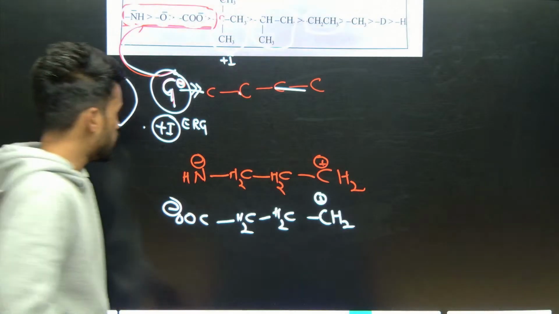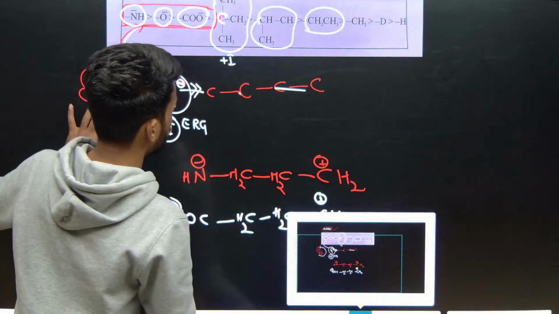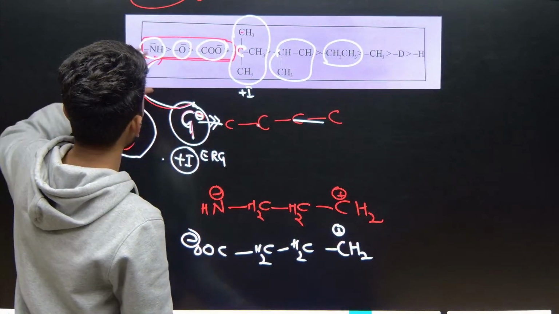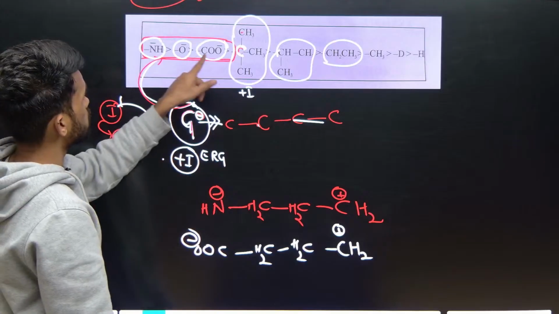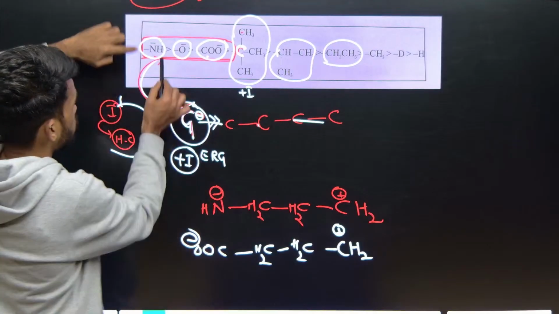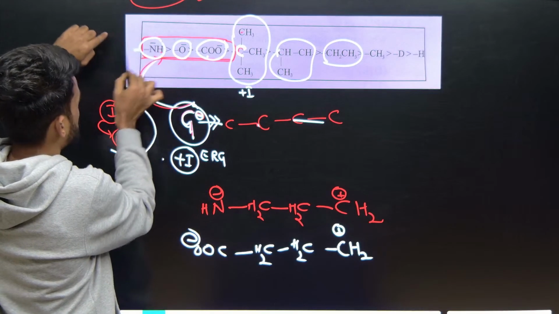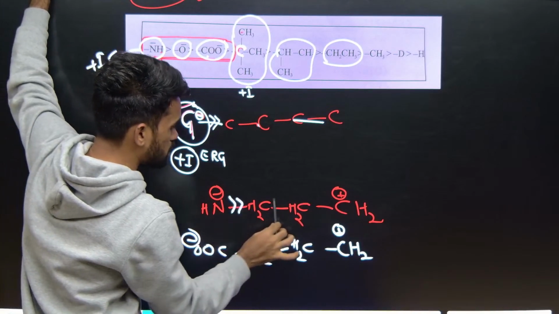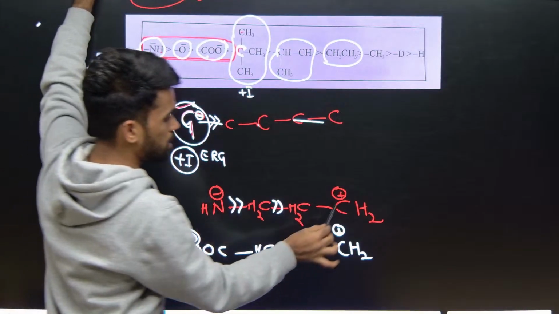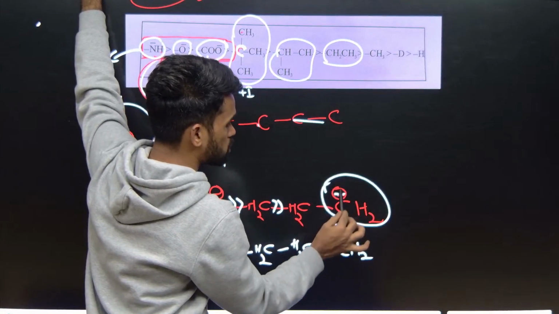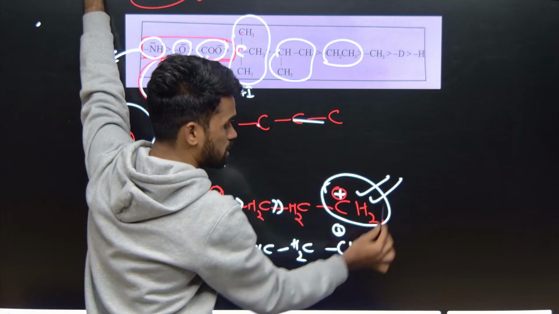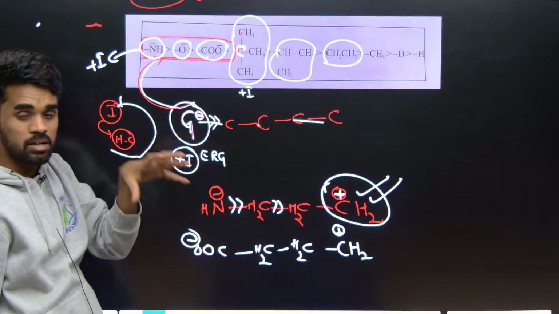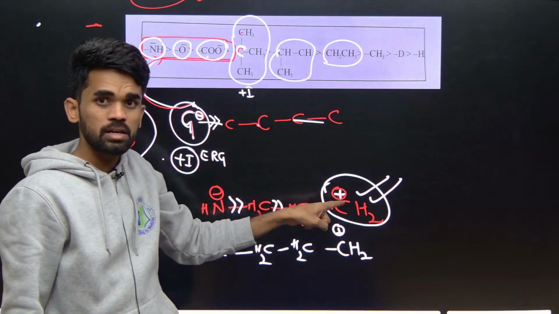Yes, see here, we know the inductive effect of NH minus is more than COO minus. If it has more plus I effect, it will release more electrons easily. Here what we require is carbon with positive charge, which requires more electron density to stabilize the carbocation.